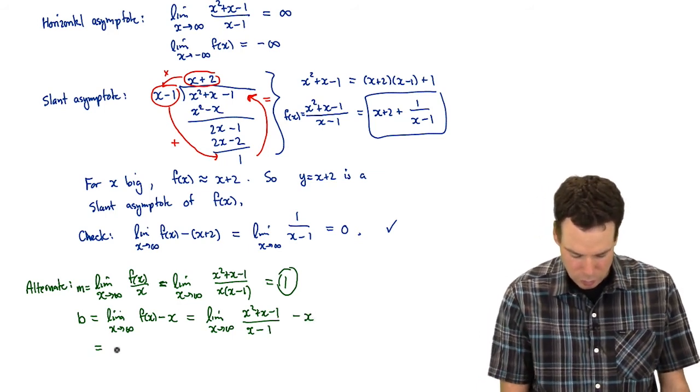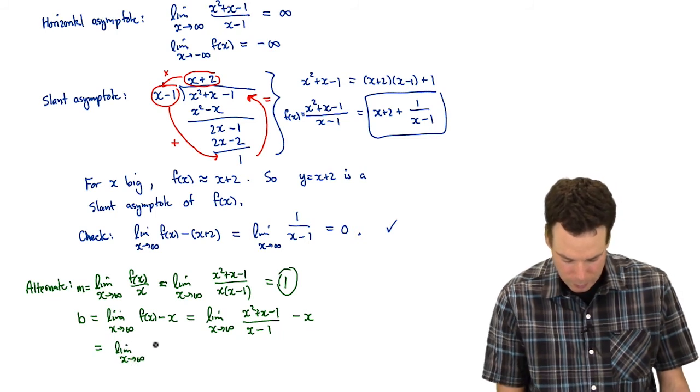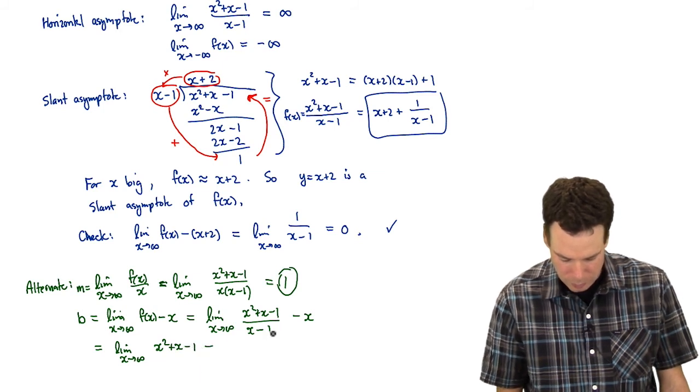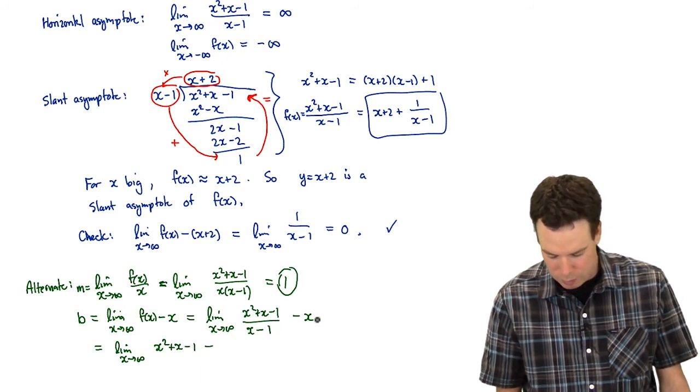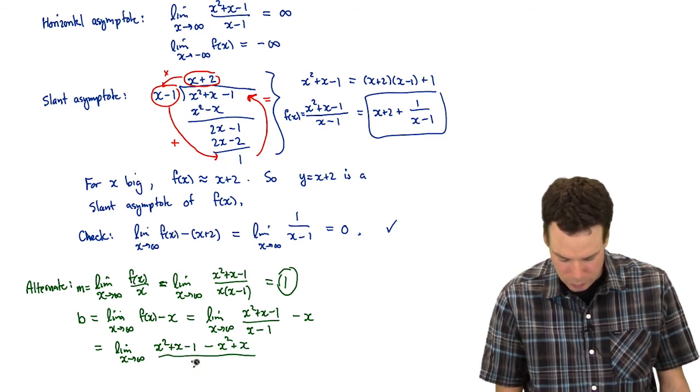So now we go ahead and put those over a common denominator. The limit as x goes to infinity of x squared plus x minus 1 minus x times x minus 1, so that's minus x squared plus x, all over x minus 1.